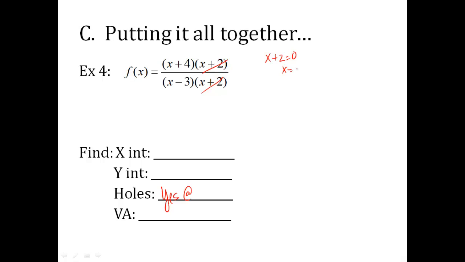That means the x value is negative 2. And to find the y value, I'm just going to plug negative 2 into the remaining equation. The equation is now simplified down to just x plus 4 over x minus 3. So if I put in a negative 2 there, I have negative 2 plus 4 over negative 2 minus 3. That gives me a 2 over negative 5. So my y coordinate, I'm sorry, is 2 over negative 5, which is negative 2/5.